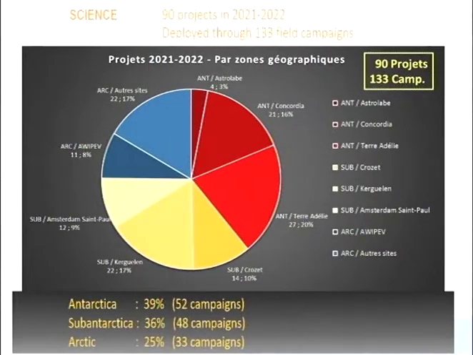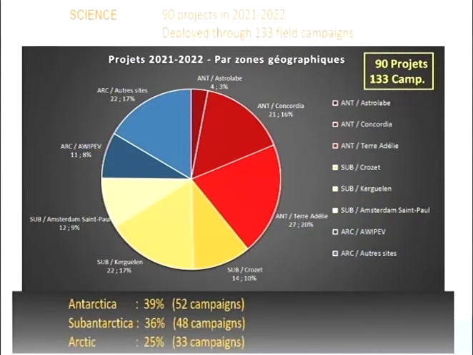You have this pie chart showing you for the next campaign, the 21-22 austral campaign, and the winter for Antarctica and subantarctic 22. We're going to support 90 projects altogether, and these 90 projects are transformed into 133 field campaigns, because many projects do not use one single district, but they are implemented in different places.